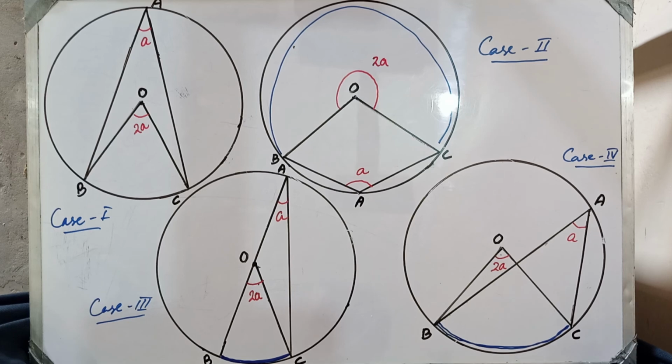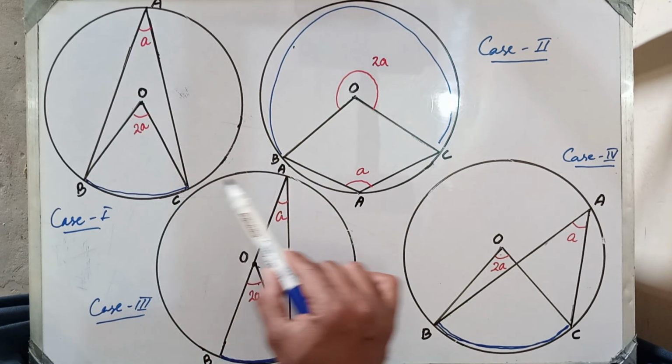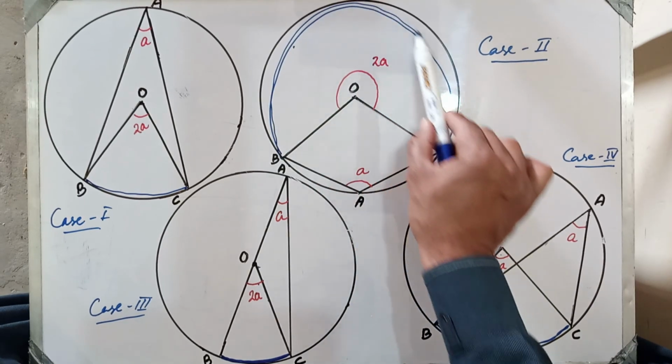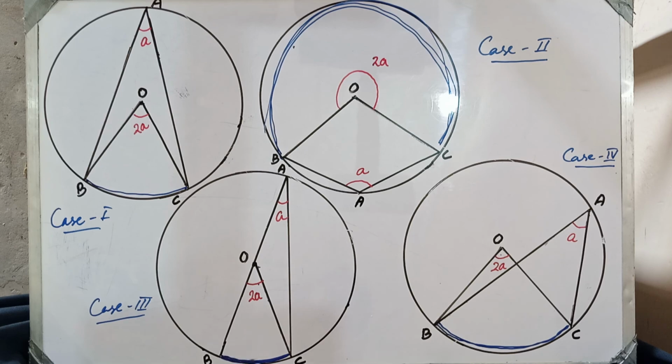But both angles are subtended by the same arc. That is the main point. Both angles are subtended by the same arc. This one here, this major arc. You will focus on this major arc. And in this case, this is the same arc, and in this case, this will be the same arc of both angles.